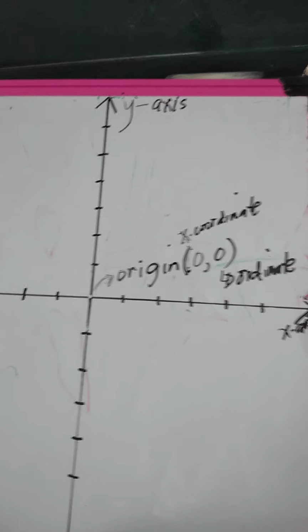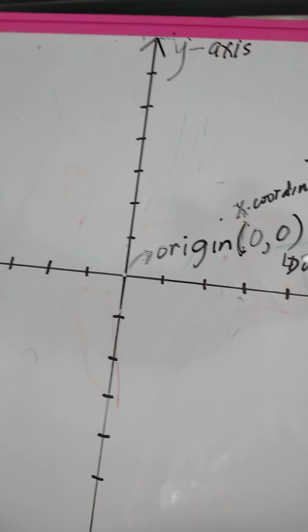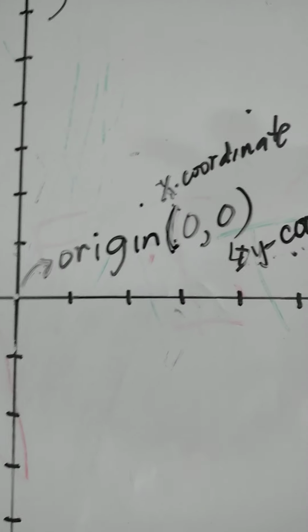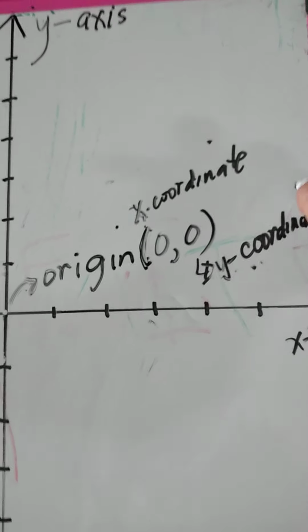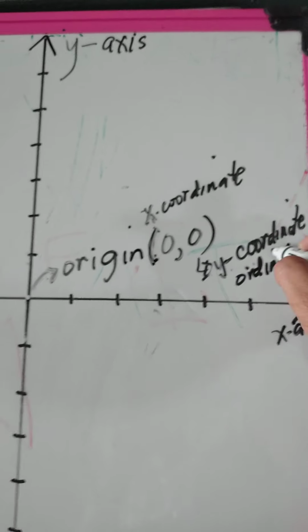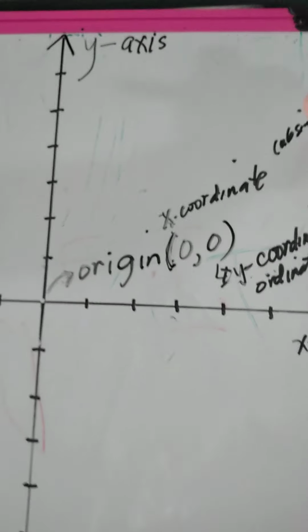The other name for x-coordinate is abscissa, and the other name for y-coordinate is ordinate.